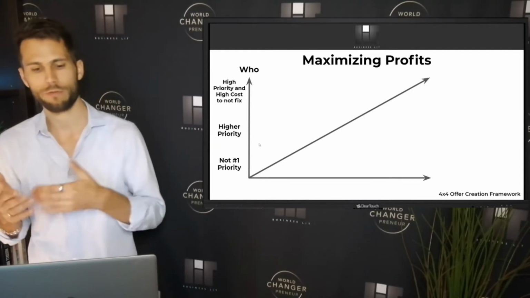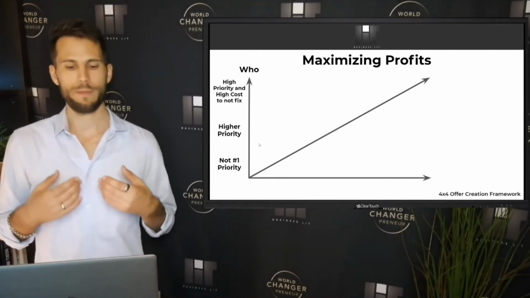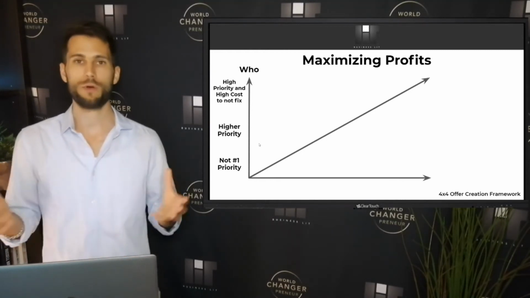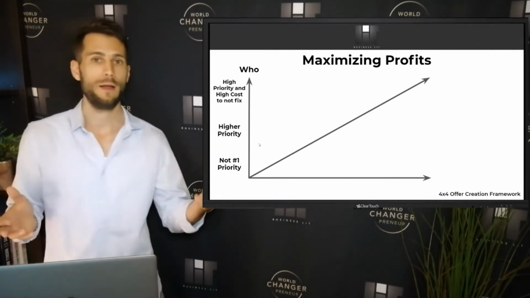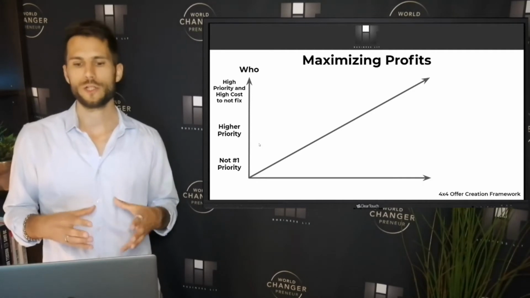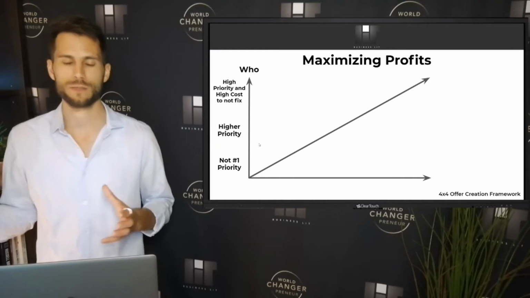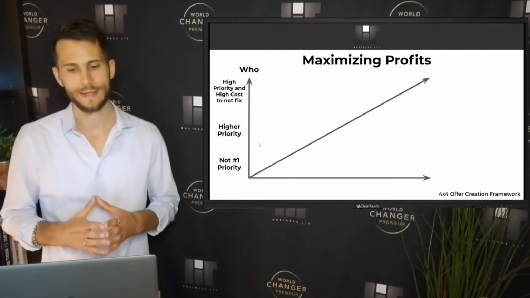So this is one area we can look at, but also often looking at how long that problem has already existed for this person, for this business. If they have had the problem you are solving for just a week, somebody may not be able to pay as much, or it's not as valuable to them as to somebody that has been having this problem for months or even years.